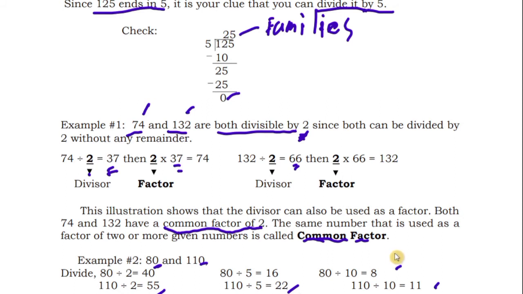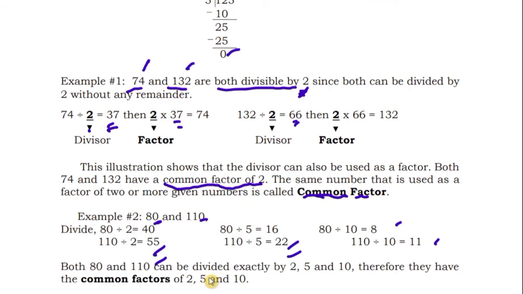I repeat, if a certain number ends with 0, let's say 80 and 110, then it is divisible by 2, divisible by 5, as well as divisible by 10.